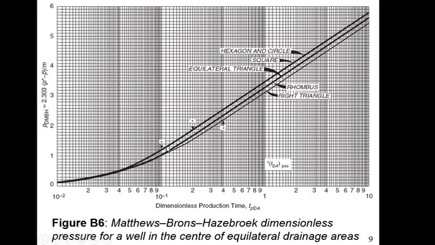So the next thing is, which of these do you use? We're looking at the hexagon, circle, square, that's this. And then you read off the corresponding dimensionless MBH pressure.